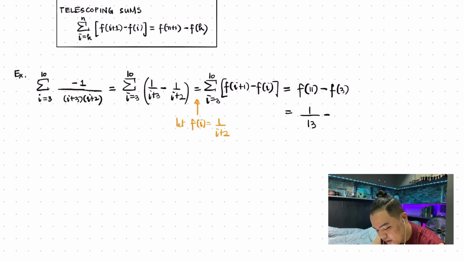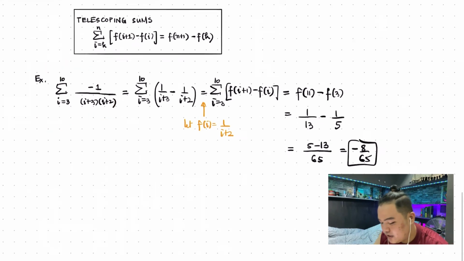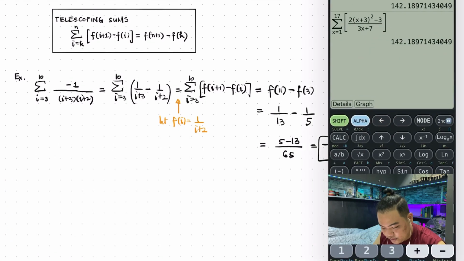Minus 1 over, dito naman, replace I by 3, 1 over 5. O pag sinimplify natin, ano ba to? 5 minus 13 over, is it 65? Yes. Or, negative 8 over 65 yung value nito. So, using telescoping sum. So, siguro makikita nyo pa yan sa mga ibang math courses ninyo.